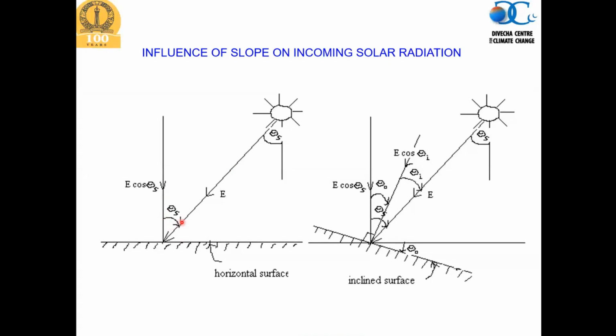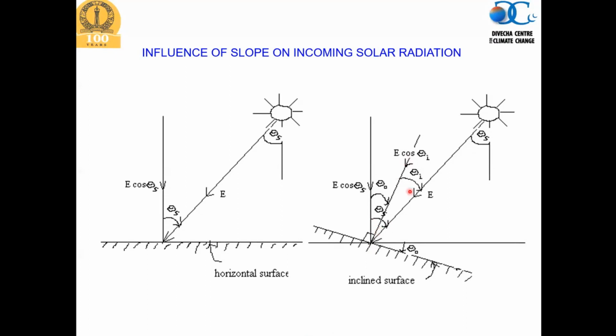This theta s is reducing the incoming solar radiation. If it had been vertical, it would be a different story, but with theta s it is E cos theta s. But if the surface is inclined, making an angle of theta O, and this is the vertical, then this is theta s, the angle made from the vertical, and this is the perpendicular for that.